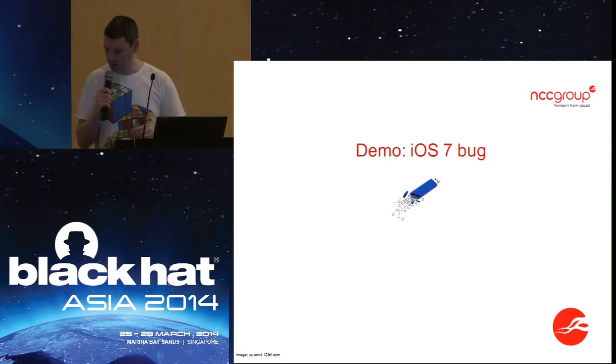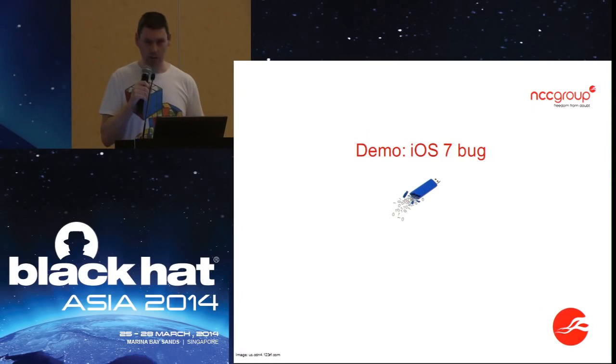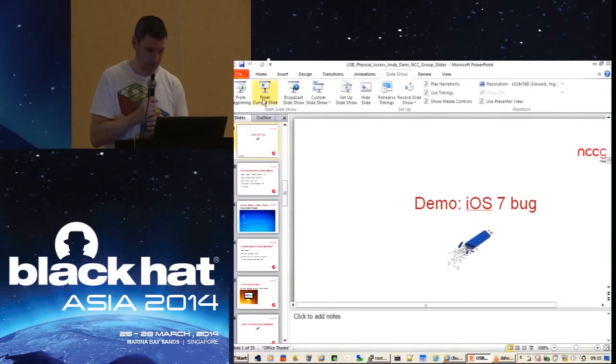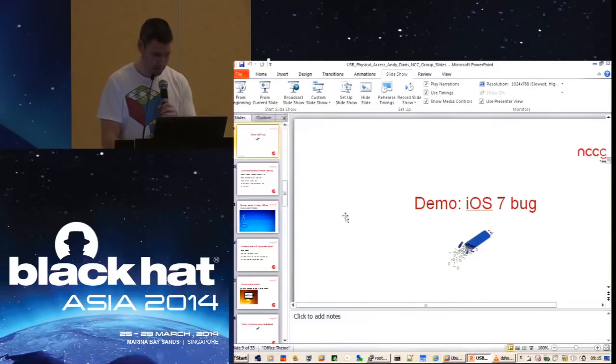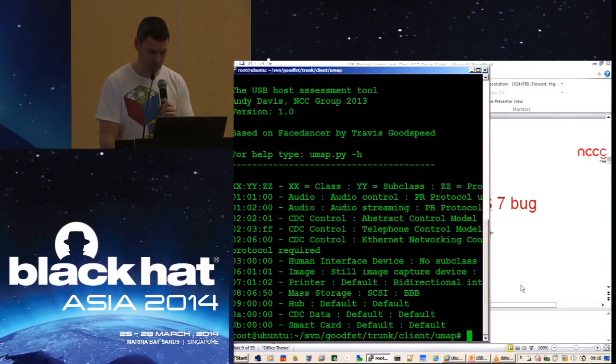So I'll do a quick demo showing you how to use UMAP and also hopefully triggering the bug on an iPad. Now, because my resolution was forced to 1024 by 768, everything's going to be a bit squashed on the screen.